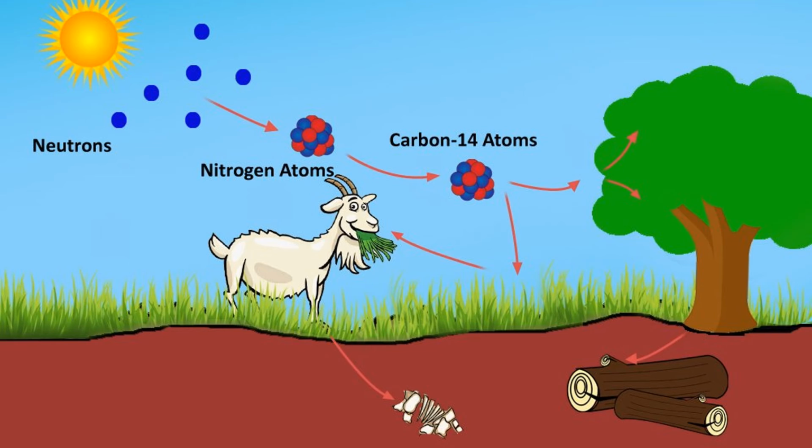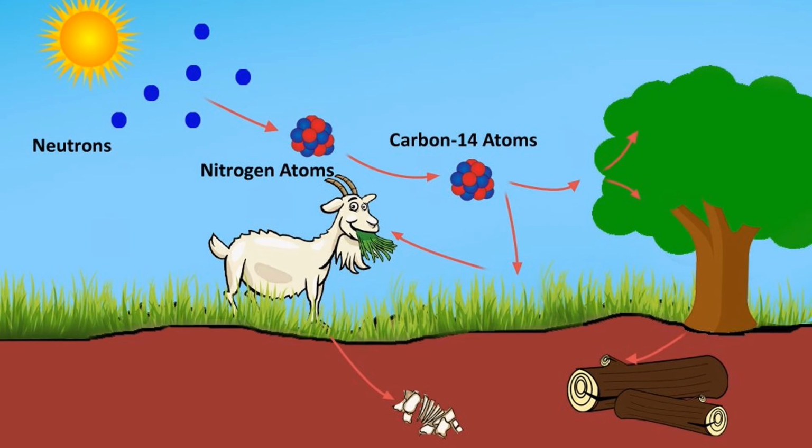It makes its way into the food web through plants that use carbon dioxide in photosynthesis to make their own food. It then gets passed up the food chain by herbivores that eat the plants and carnivores that eat the herbivores. The organisms keep acquiring carbon-14 throughout their lives.